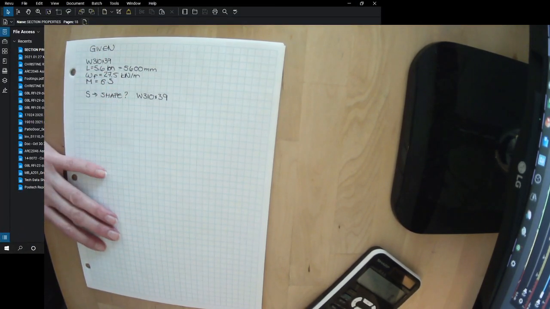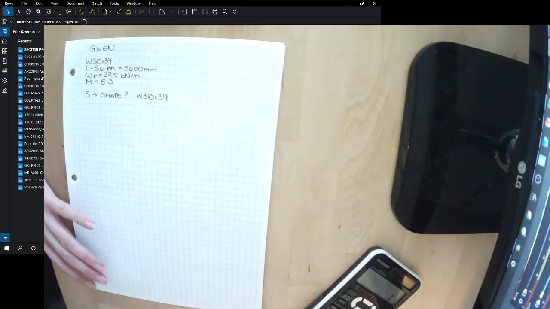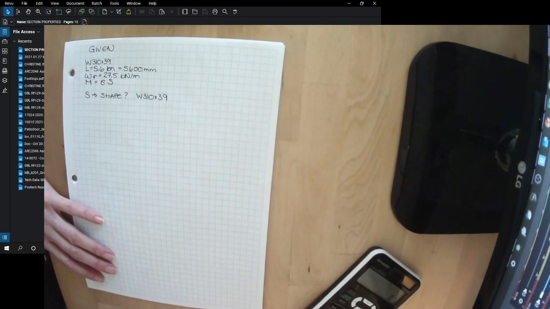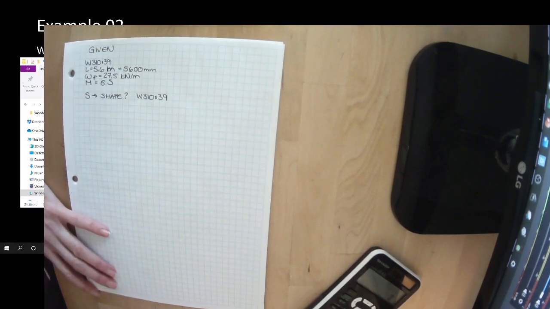So here we are. We have all of our steel sections. And let's find where... okay, so this is just all sections. Where are our steel sections?